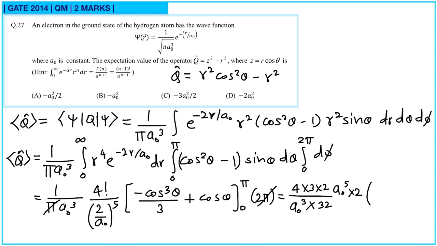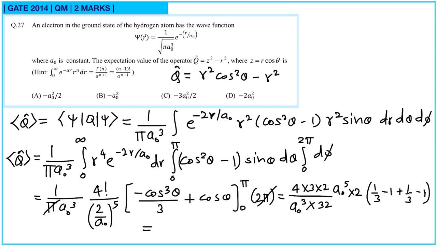and then cos cube theta: cos pi is minus 1, so minus 1 raised to 3 is minus 1, so minus 1 plus 1, so 1 by 3. Then cos pi is minus 1, cos 0 will be 1, so this is minus of minus 1 by 3, so plus 1 by 3, and cos 0 is 1, so minus 1.